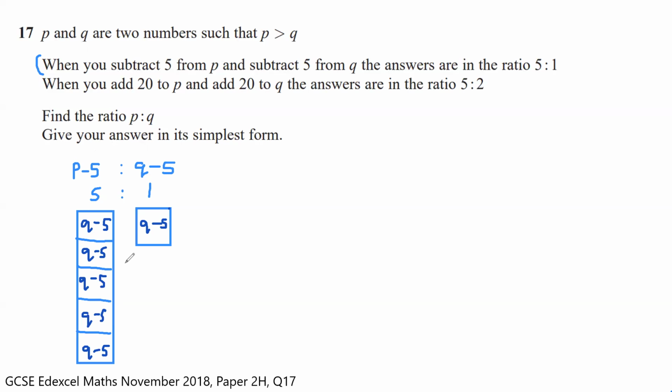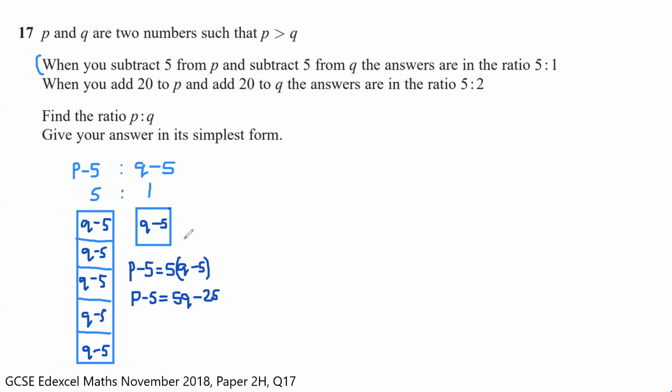Okay, so let's set that up as an equation. We've got P minus 5 is equal to 5 lots of Q minus 5. We can then expand those brackets so that we've got a slightly easier looking equation. So we can end up with 5Q minus 25.